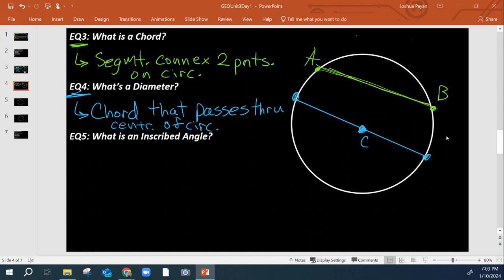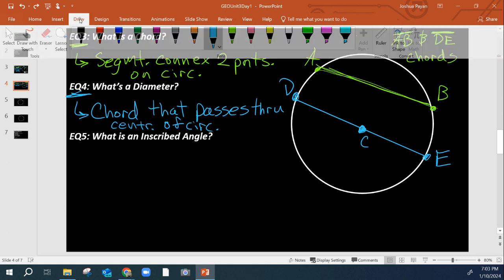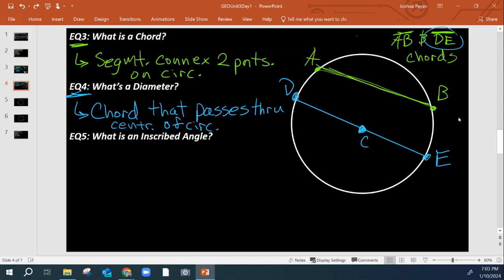Call this point D, point E. Okay, well, we can say that both segments AB and DE, both of those segments are chords, right? We know that because they connect 2 points on a circle. However, segment DE is a diameter.